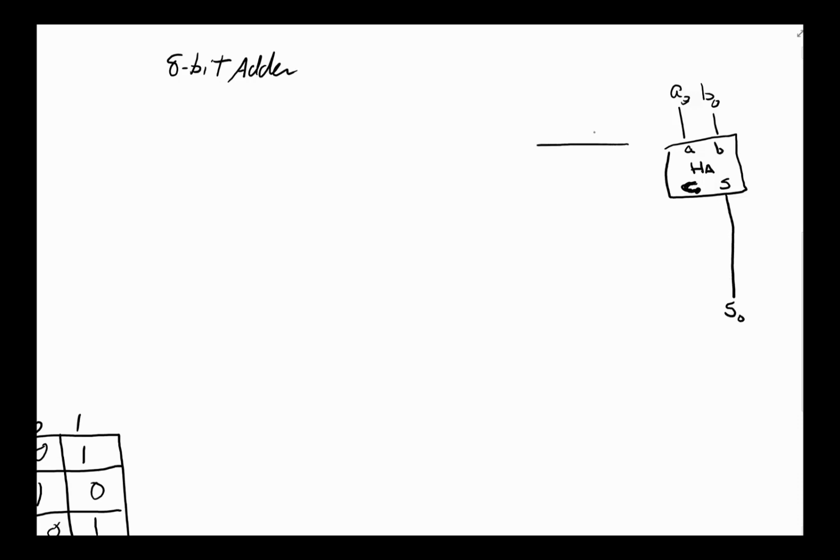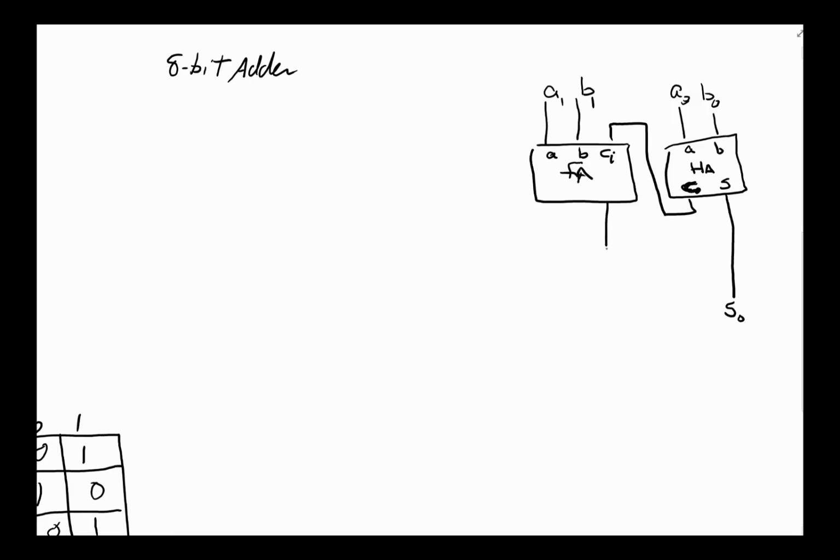And now we're going to have to use our full adder, so we're going to have a full adder here, one of our modules. We build one and put it in. Now we have a C in, we have our B, and we have our A. In this case, we're going to take the carry from here, and we're going to put it here. And then we're going to put our B1, A1 here, the next value.